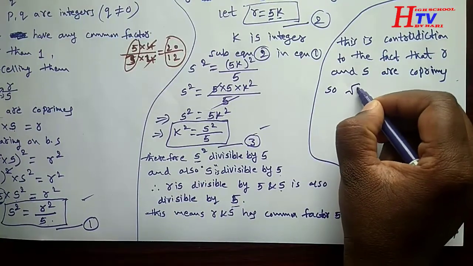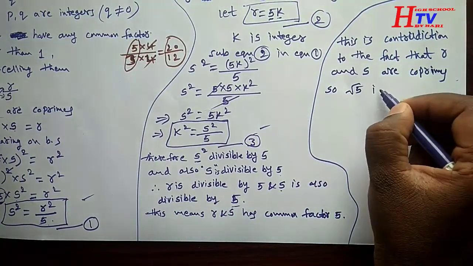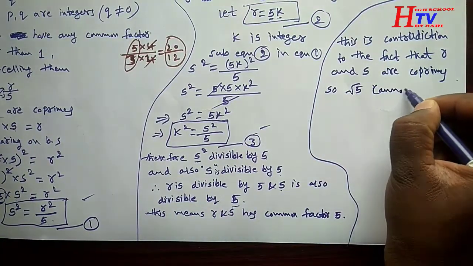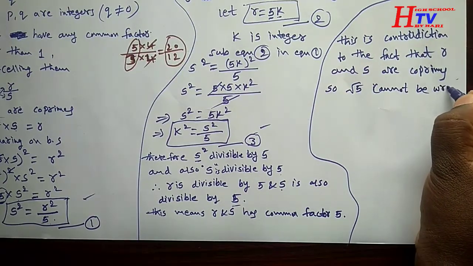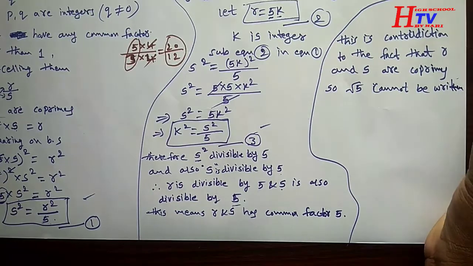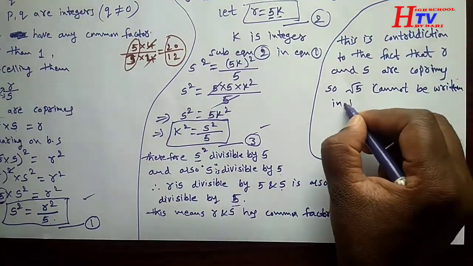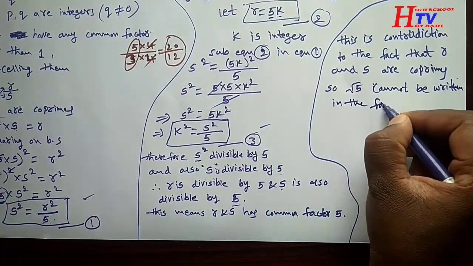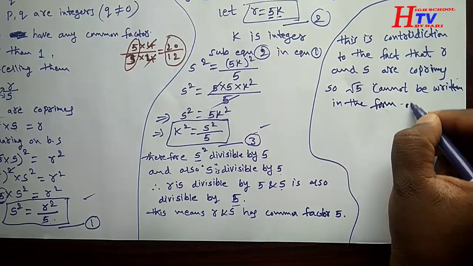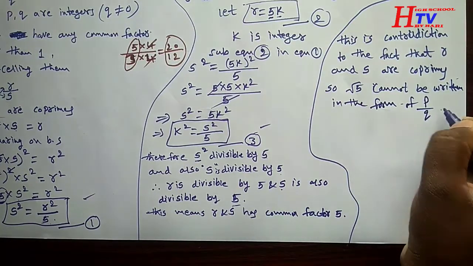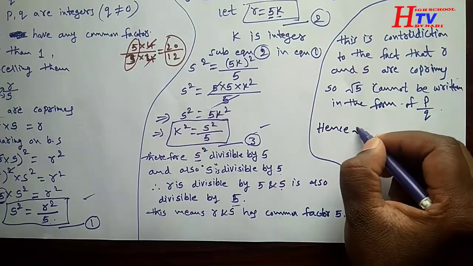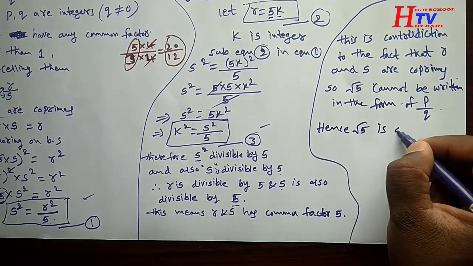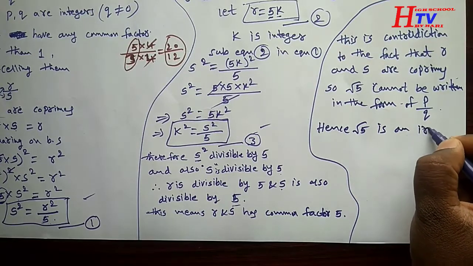So root 5 cannot be written in the form of p by q. Hence root 5 is an irrational number.